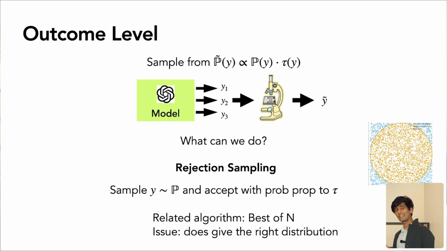There are also related algorithms which maybe we won't think about in the rest of this talk, such as best of n, which corresponds to sampling a bunch of samples and outputting the highest reward amongst them. The one minor issue with this algorithm is that it does not sample from the distribution that we care about, and in applications you might care about what distribution you actually sample from.